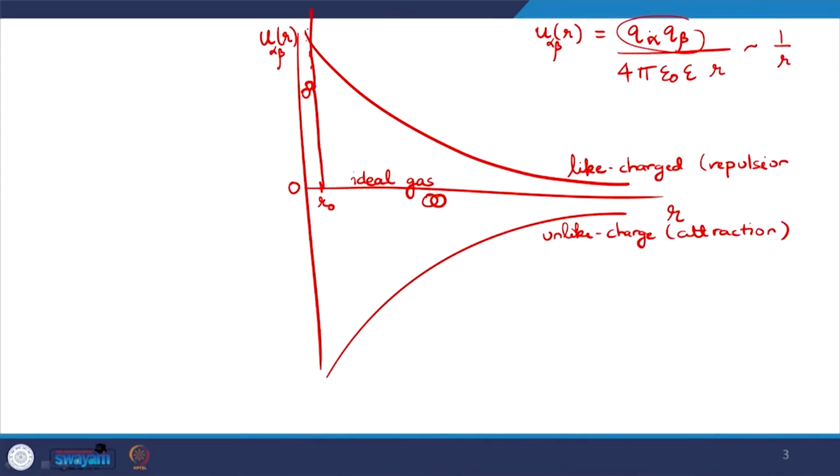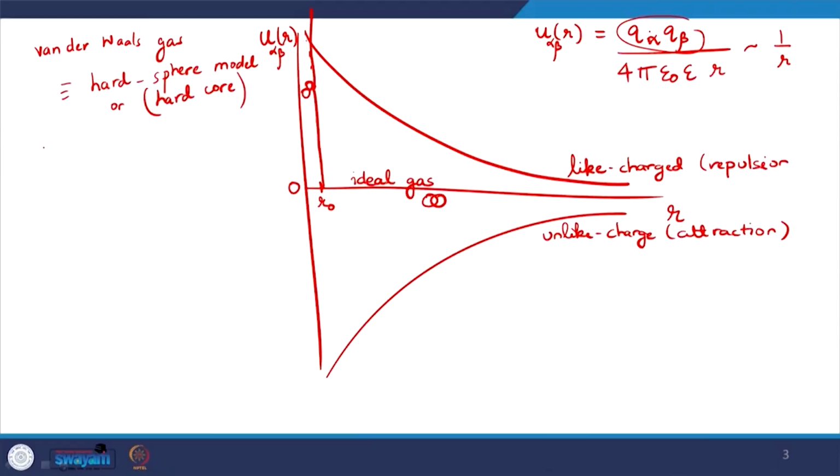So, for the van der Waals model, for the van der Waals gas, by the way, the model itself is called a hard sphere model. That is to say, we assume that there is a hard core, so to speak. Hard core is the word that is more common in molecular simulation literature.